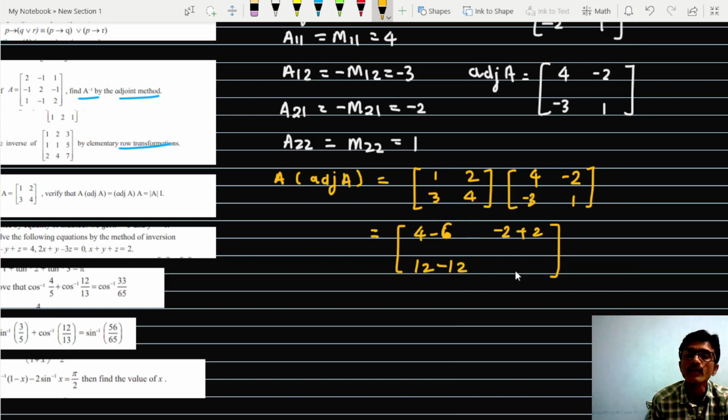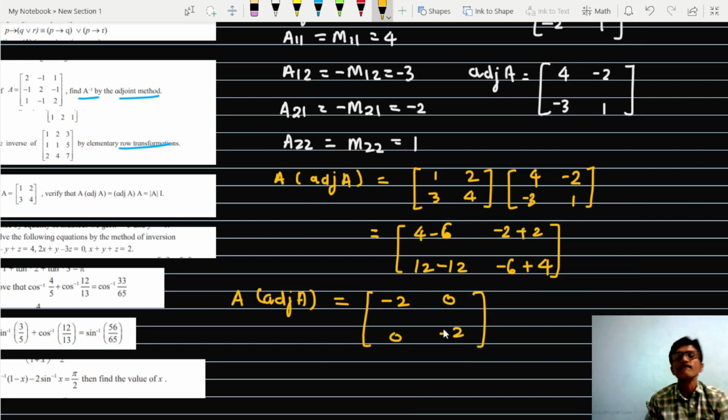Then second row into second column, -6 plus 4. What will be this? A into adjoint of A is equal to what? -2, here 0 will come, this 0 will come, and this is -2.